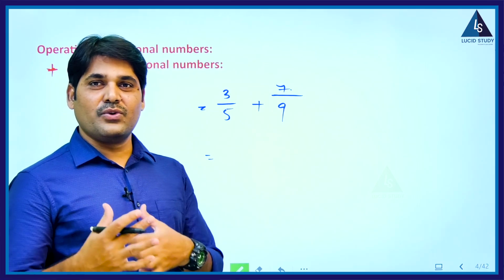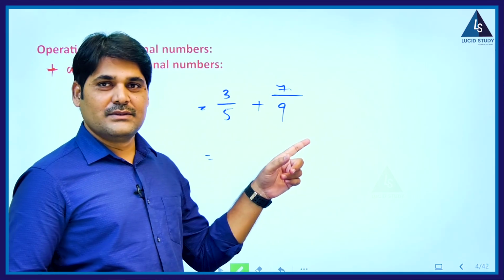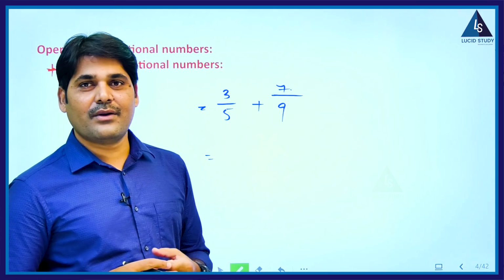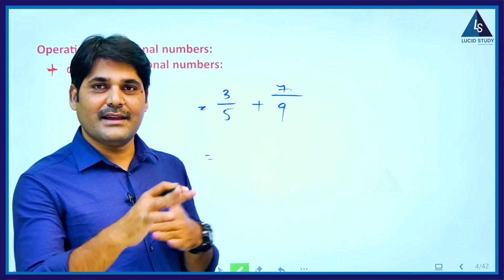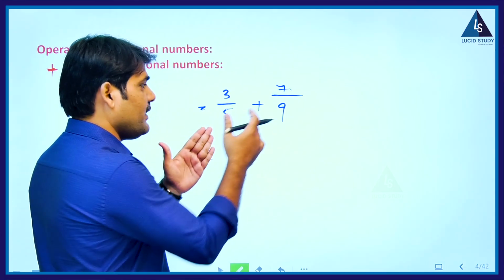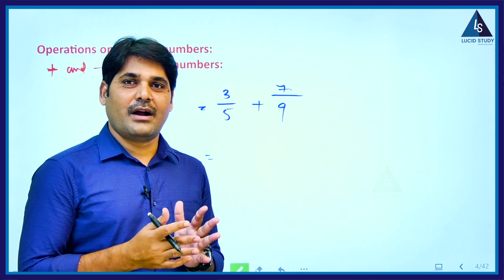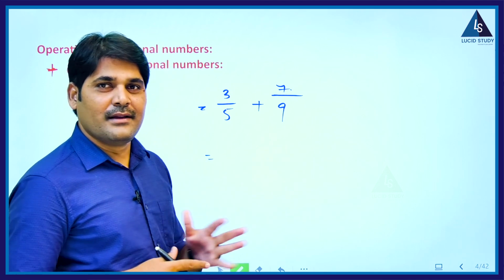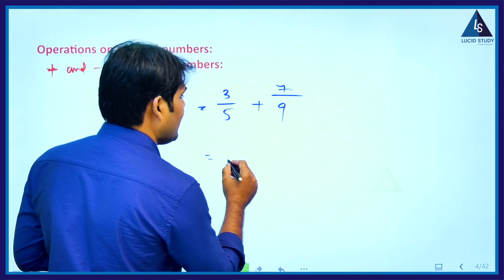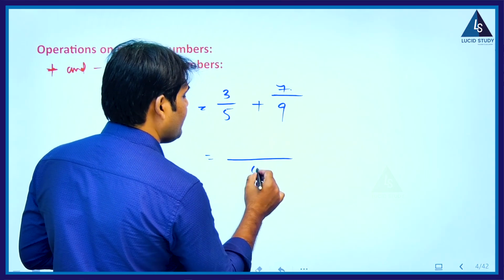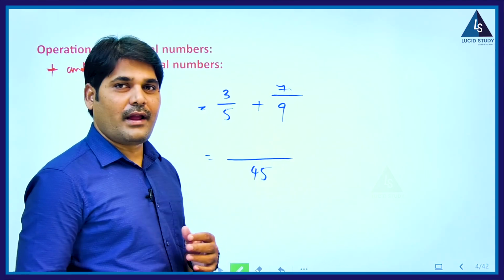First, to add two fractions, these two are fractions, right? So to add these two fractions, what we have to take? We have to take LCM of the denominator. See here, 5 and 9 both are co-primes. There is no common factor. So that what we can take LCM, we will just multiply. So multiply 5 into 9, that is 45. Okay, easy way.